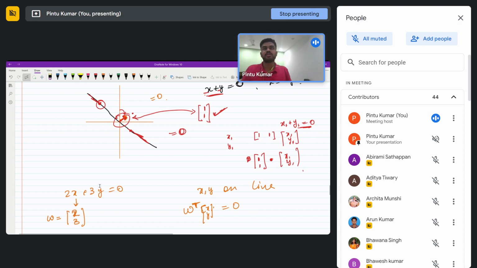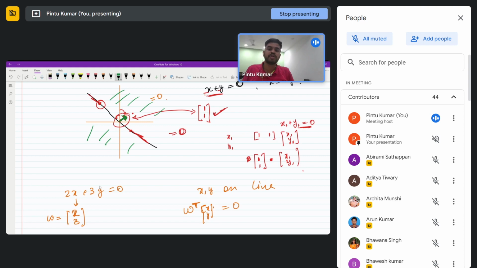Now one more small thing. If you have this particular line and your perpendicular vector is pointing in this direction, then a line in 2D has two halves. This is one half, this is the second half.